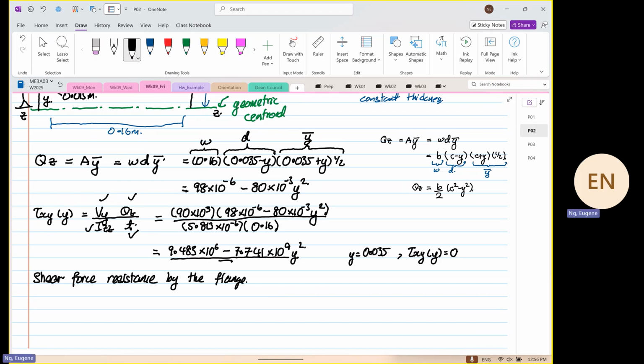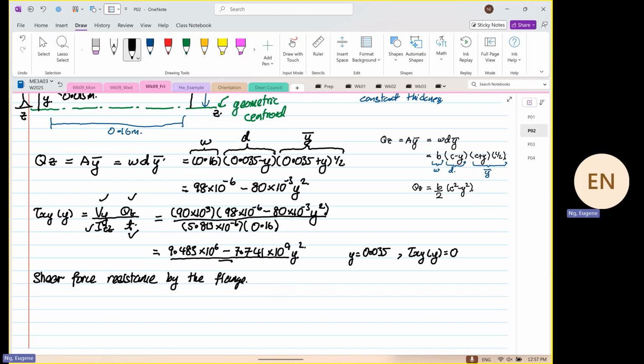Okay, the shear force resistance by the flange. Flange, not French. We only have 90 kilonewton of force coming down. How much is taken by the flange? How much is taken by the flange?